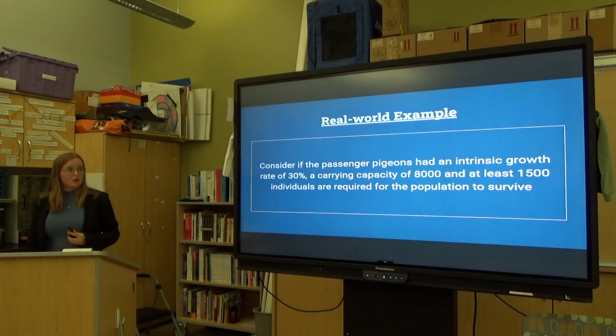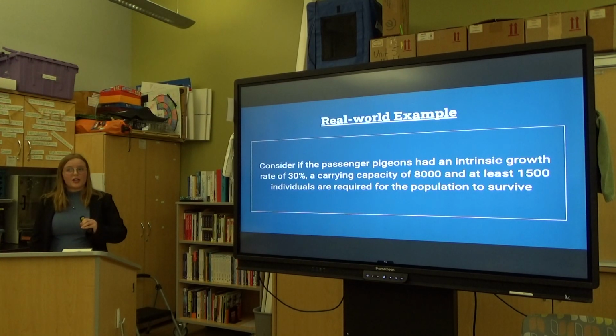Here's my real-world example. My real-world example deals with passenger pigeons, as passenger pigeons have gone extinct and have been used in different models for the Allee effect. The information that you need to take from this in order to see my steps in the next few slides are the growth rate of 30%, the carrying capacity of 8,000, and the individuals required for the population to survive, or the Allee threshold of 1,500.